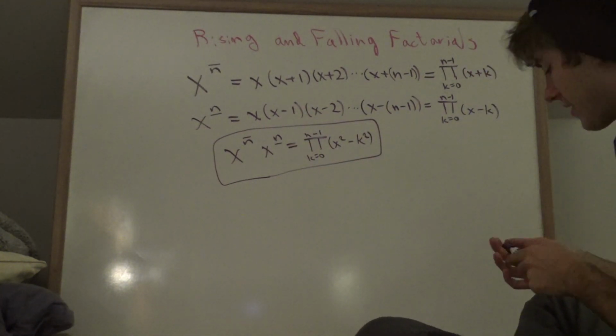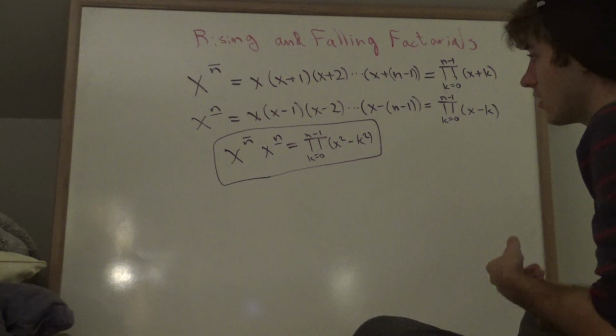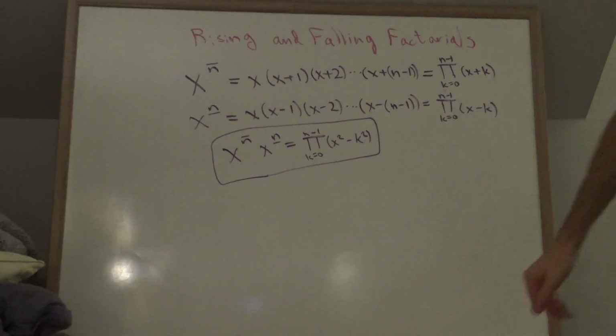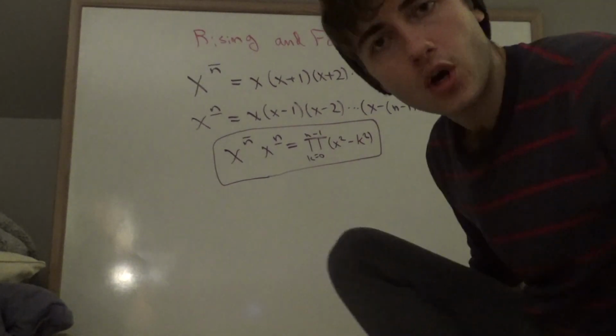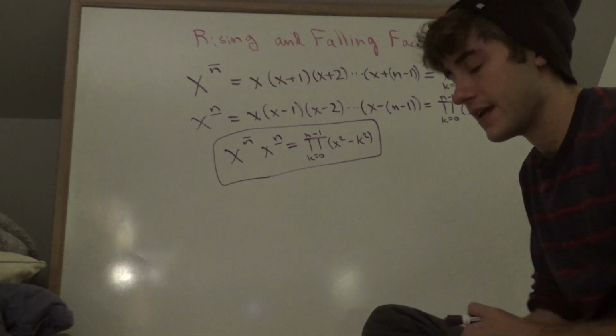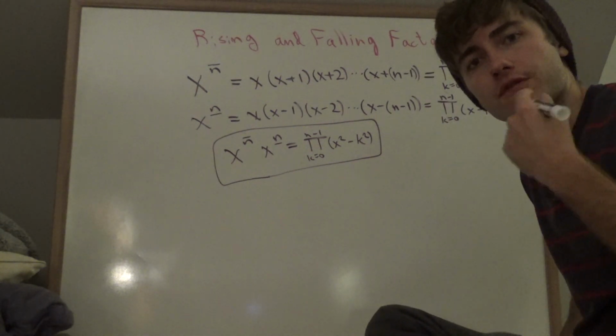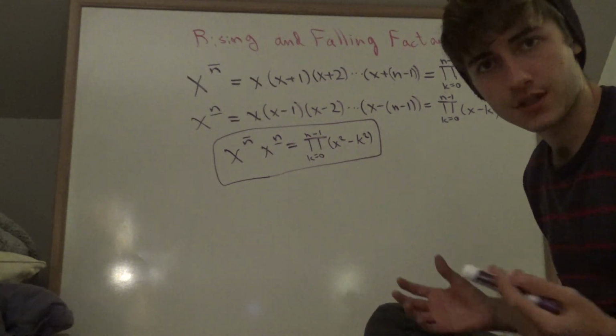So why are we even talking about this? Rising and falling factorials are relevant to something called the hypergeometric function, which is a construction that's used to try and generalize all functions into one group.